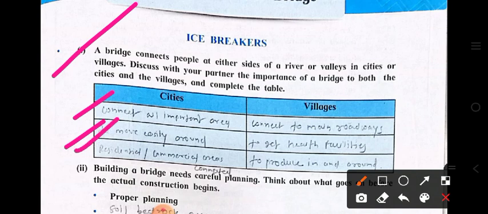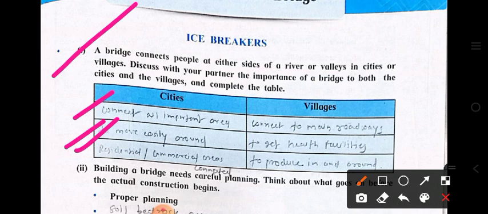The third point, residential or commercial areas connected. It means bridges also interconnect various areas: residential areas, commercial areas, shopping areas, and other important areas.